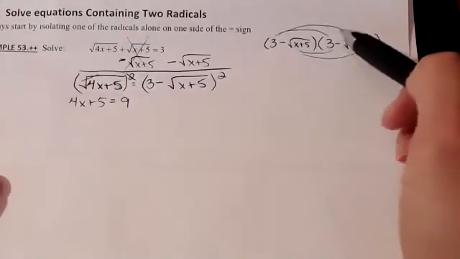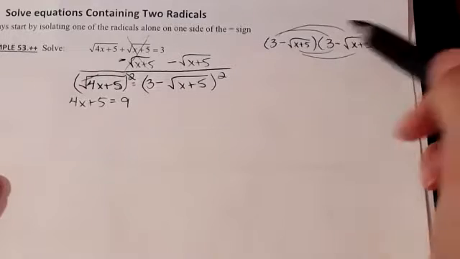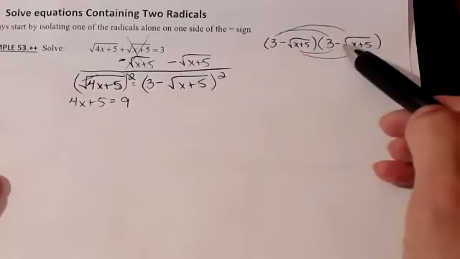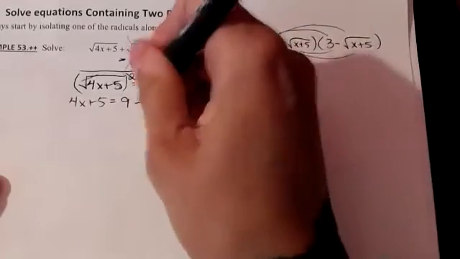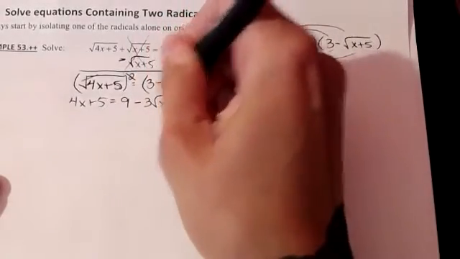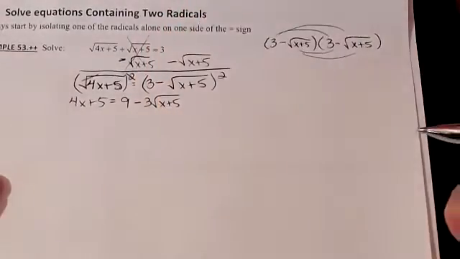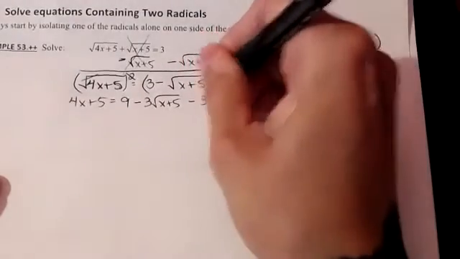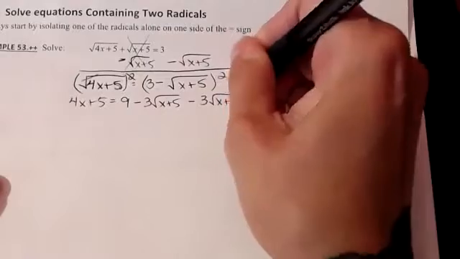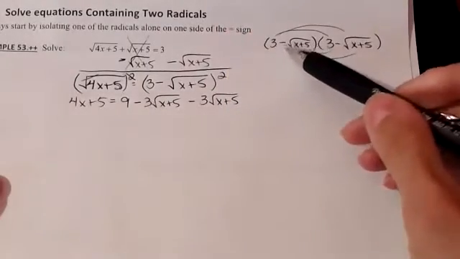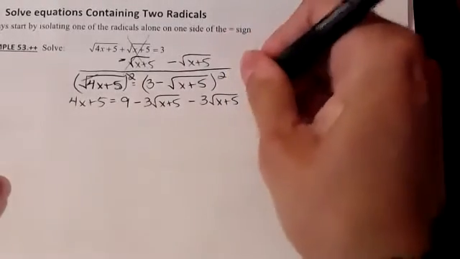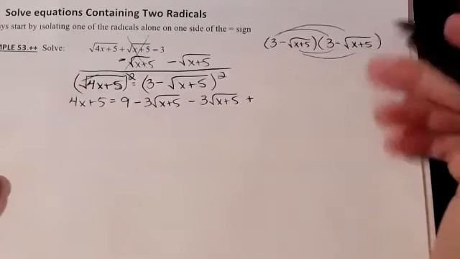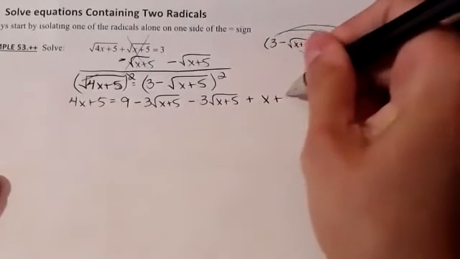Then we have 3 times negative square root of x plus 5, so it's going to be minus 3 square roots of x plus 5. Next, we have the same quantity, so minus another 3 square roots of x plus 5. Then a negative times a negative is a positive: square root of x plus 5 times square root of x plus 5 is just x plus 5.